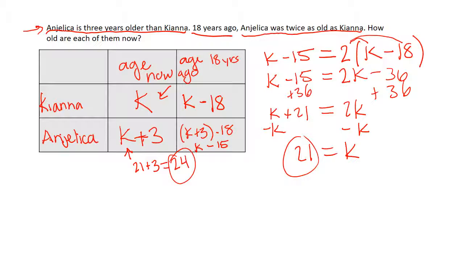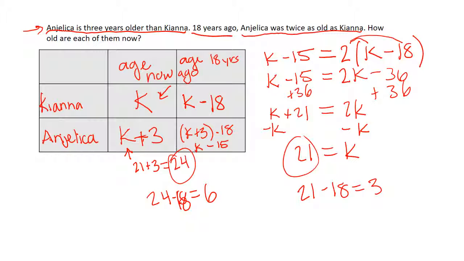Angelica would have been 24 minus 18, which is 6. And then 18 years ago, Kiana would have been 21 minus 18, which is 3. And so 6 is twice as much as 3, so that part makes sense too.